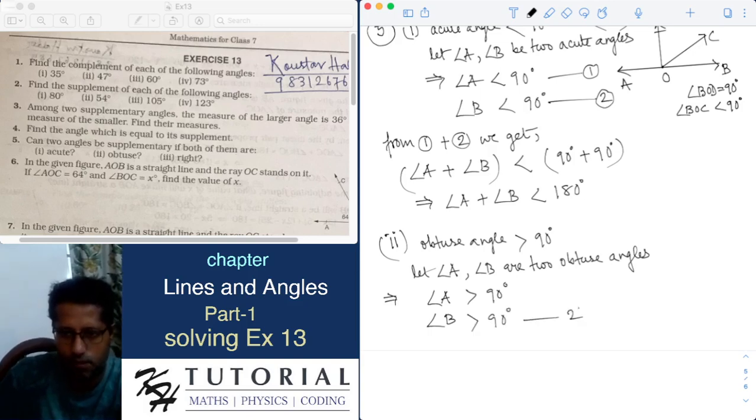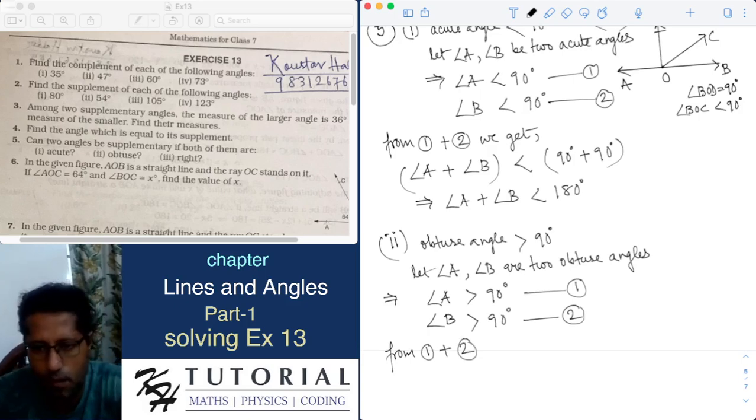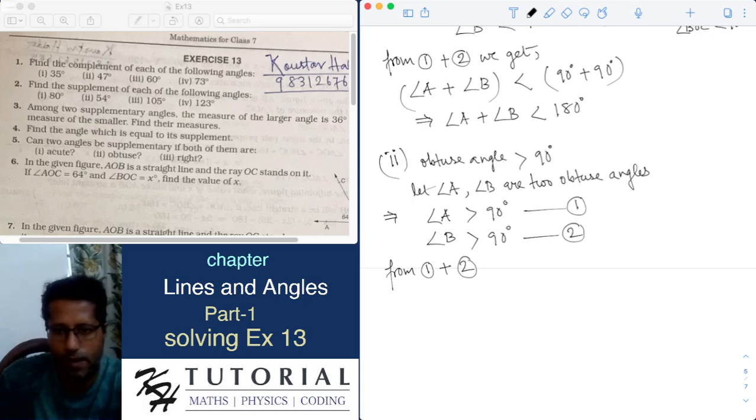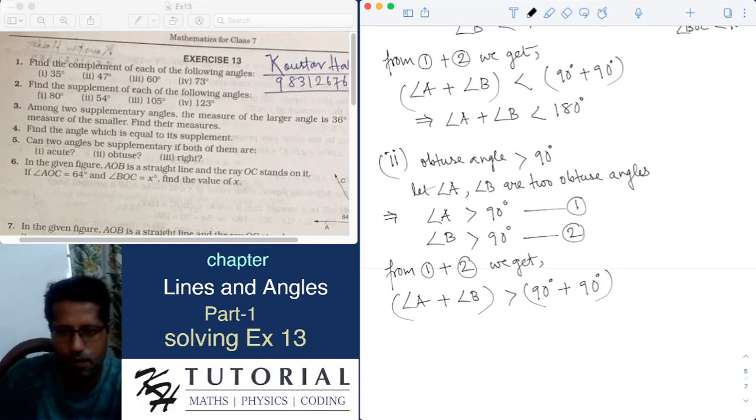Let this be condition 1 and condition 2. So if we add conditions 1 and 2, we get that angle A plus angle B should be greater than 90 degree plus 90 degree. So this implies that angle A plus angle B is greater than 180 degree.